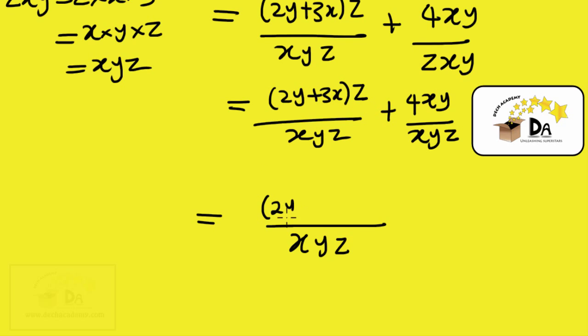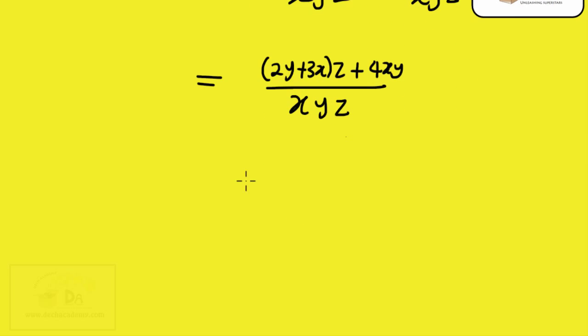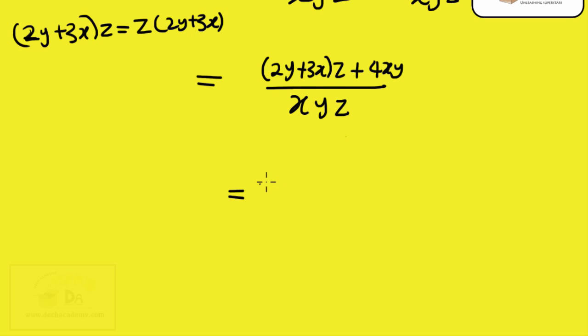So 2y plus 3x times z plus 4xy. This term, 2y plus 3x times z, is the same thing as z times 2y plus 3x. So we can write this term differently.